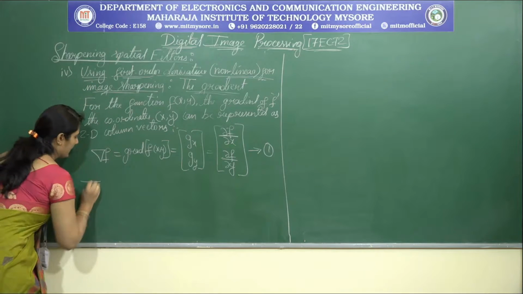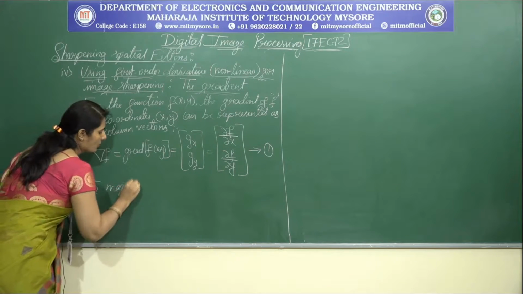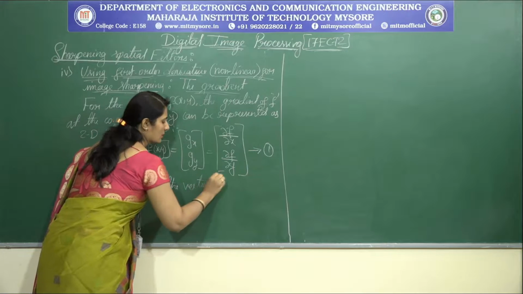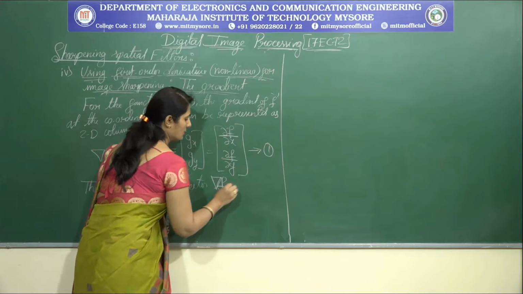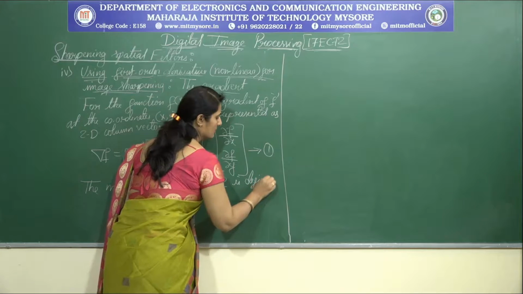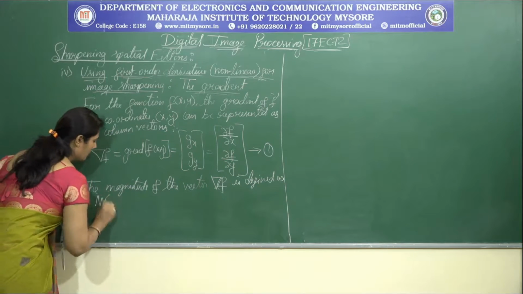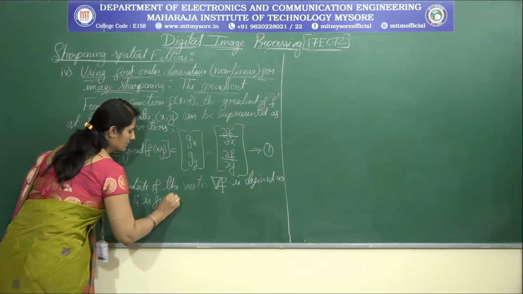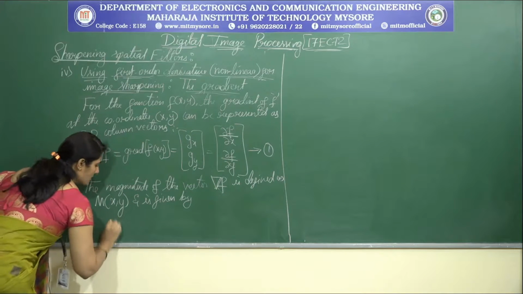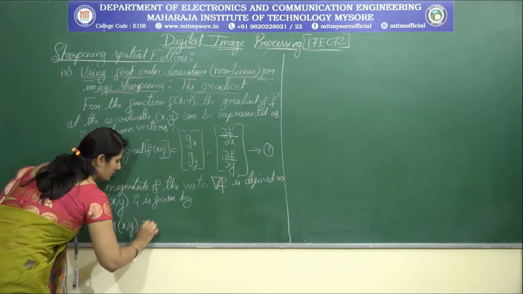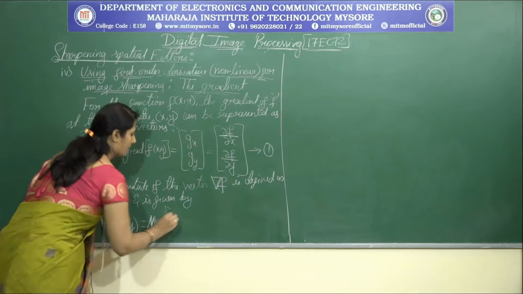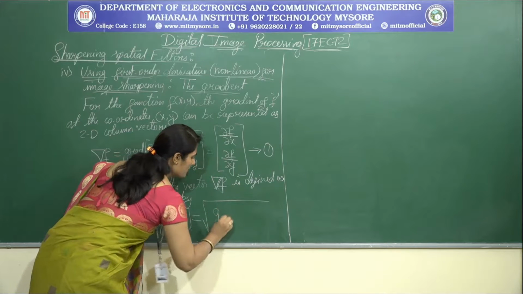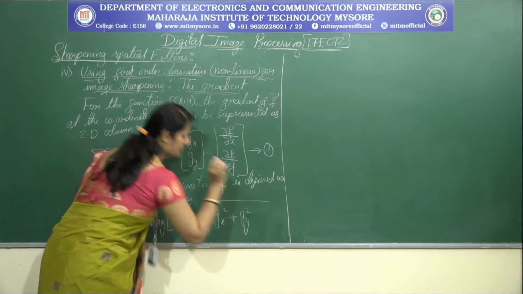And the magnitude of the gradient, the magnitude of the vector that is gradient of f, is defined as m of x comma y and is given by: magnitude m of x comma y is equal to magnitude of the gradient of f, which is equal to square root of gx square plus gy square.